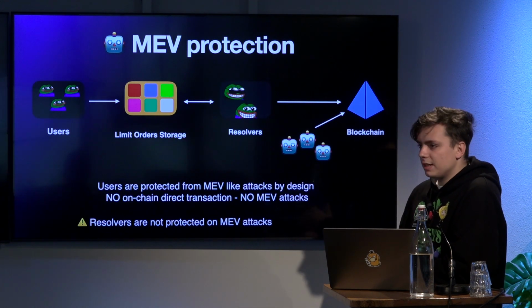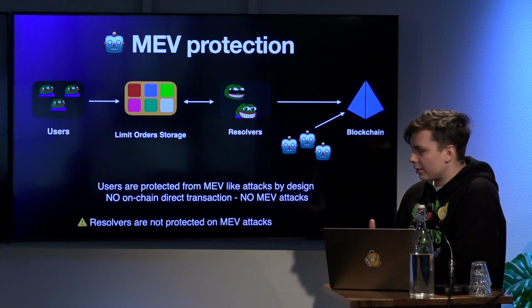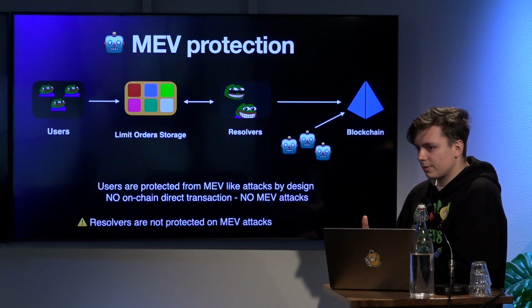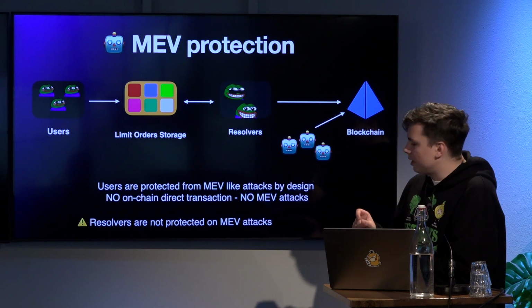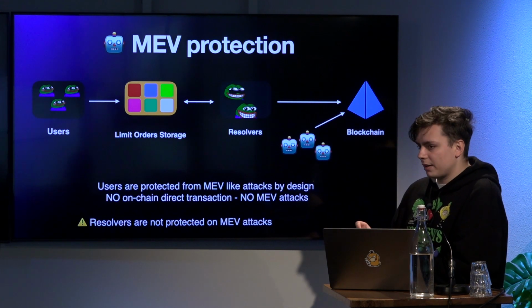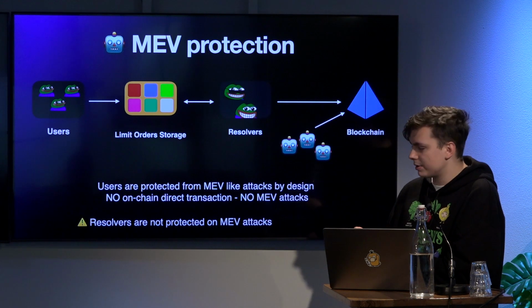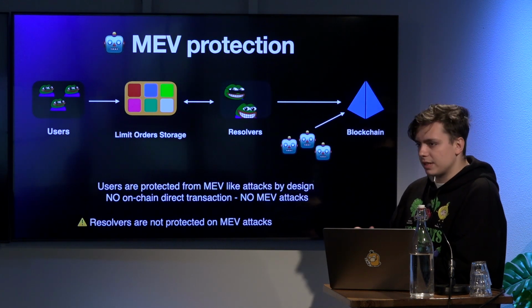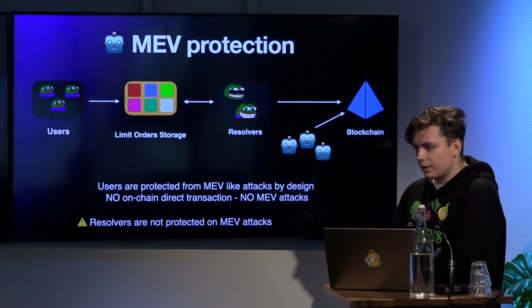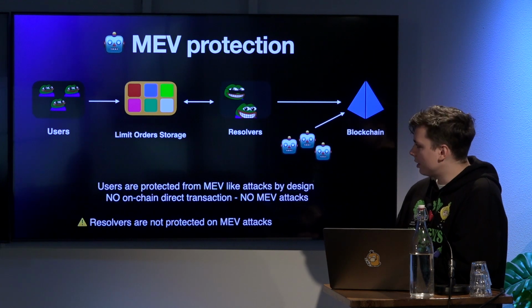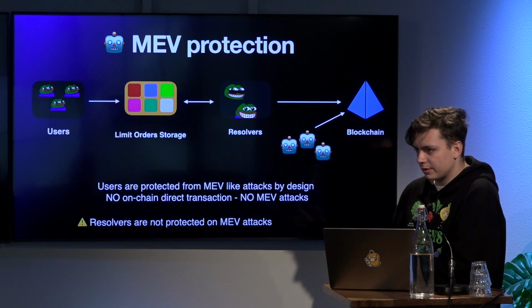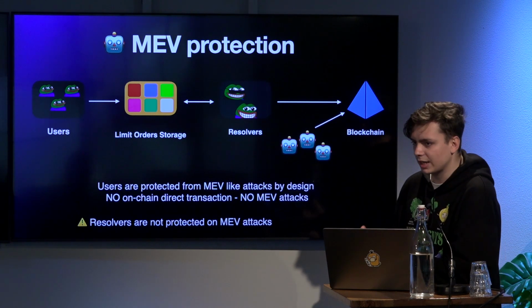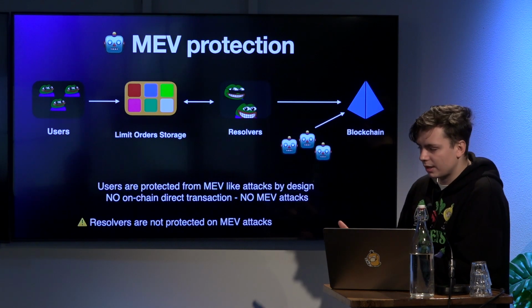So resolvers need to take some risks and understand how to get out of these attacks. There is a small issue here, but it's always quite okay, because resolvers can only lose their profits. They can't lose your order or your assets. They only lose the money from the profits of the trade if somebody tries to attack them, for example, with a sandwich attack.